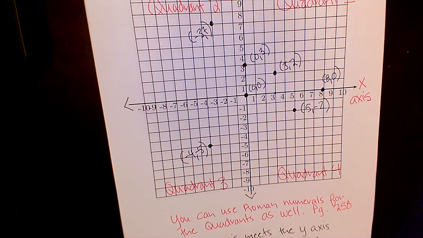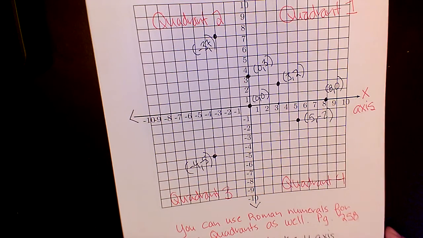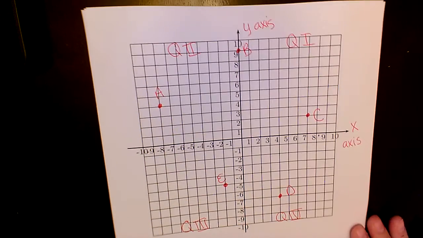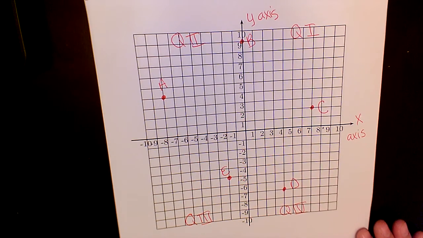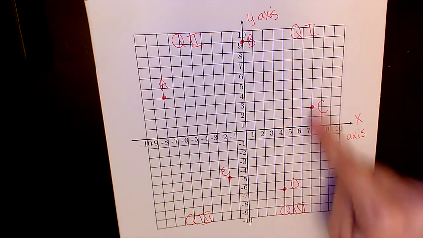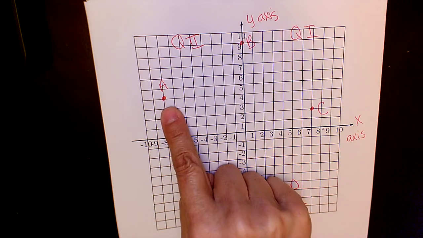So for the Hawks homework, they're going to have you graph or plot some points on a graph. So we can do that now. What they're also going to ask you to do is they are going to give you some points labeled with letters like I did here, and they're going to ask you, well, what is this point?